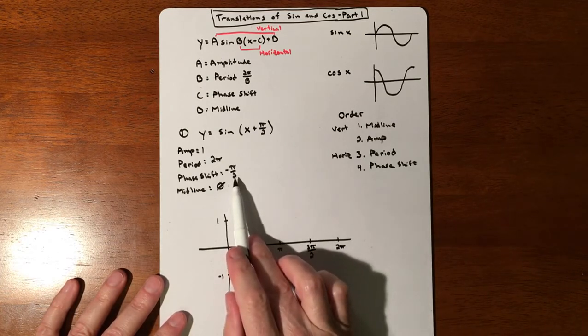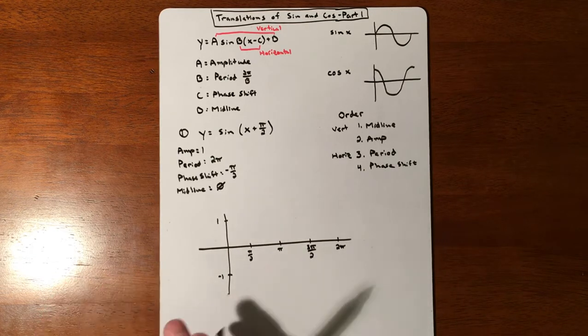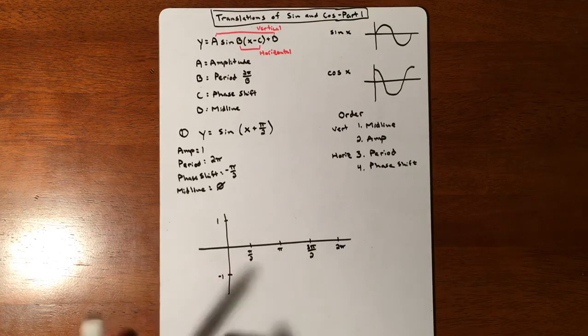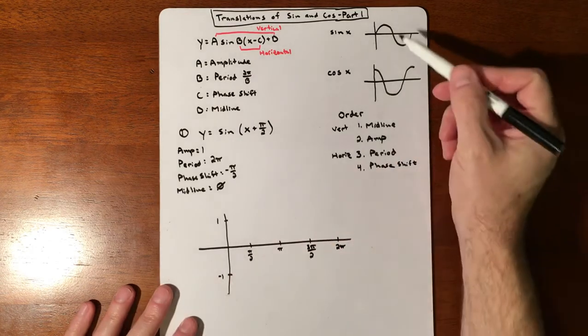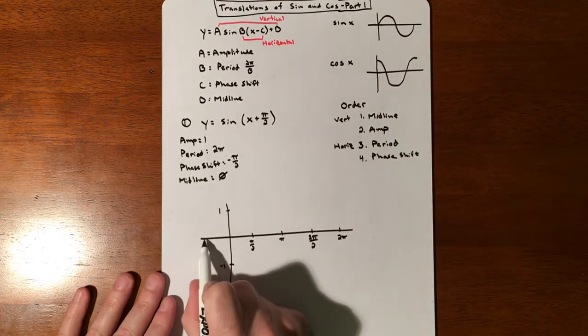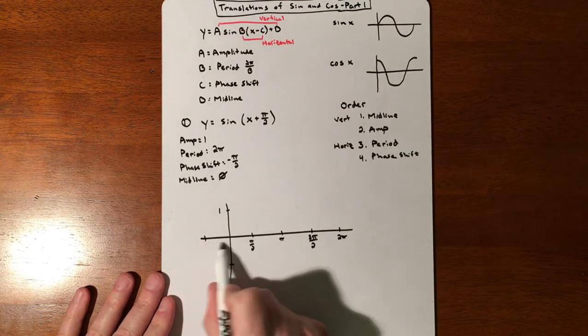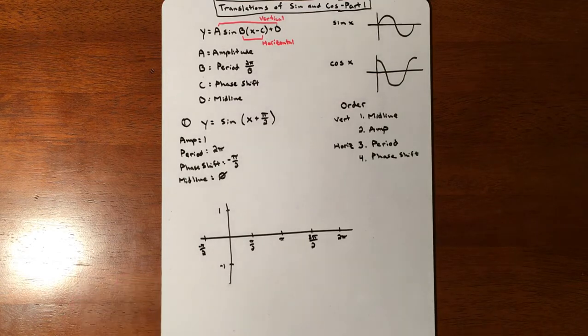However, I have this phase shift. So that distance right there, every single coordinate is going to move back exactly pi over 2. My starting point that should have been here, because that's what a sine graph looks like, it starts on the line, is going to shift back exactly whatever that distance is, so negative pi over 2. Now I'm going to draw my graph.